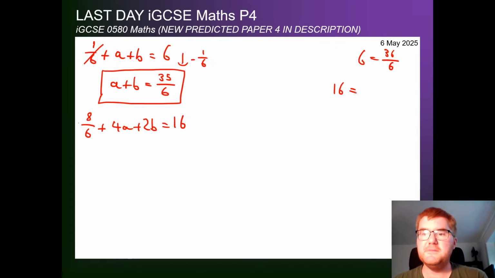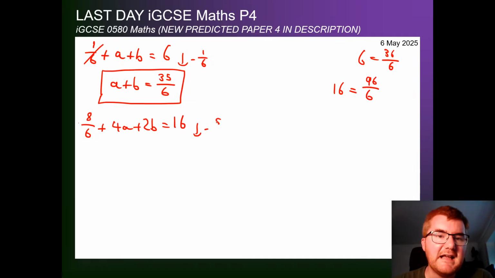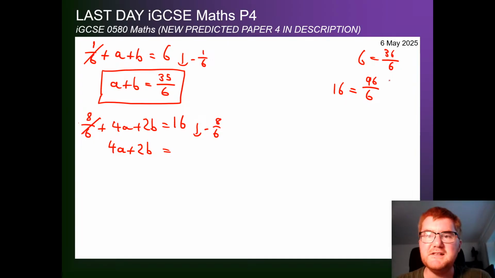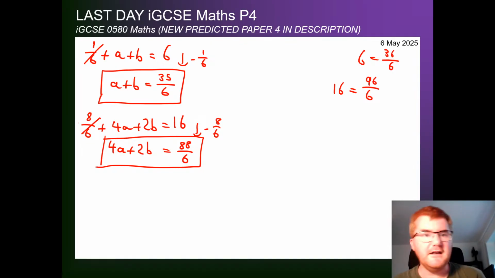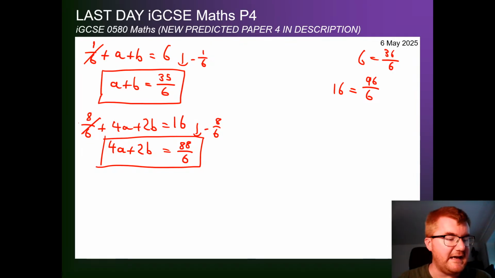So if you have 16 times 6, you can have 96 over 6. So if we subtract 8 over 6 from both sides, we then get 4a plus 2b is equal to 96 over 6 minus 8 over 6. That's going to give us 88 over 6. So we have our two equations here. Again, a little bit on the ugly side, but we can certainly work with these and solve them.